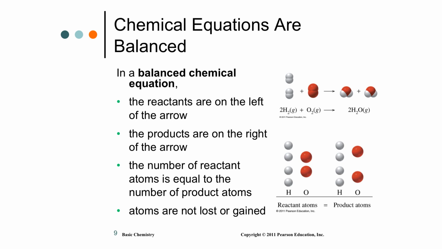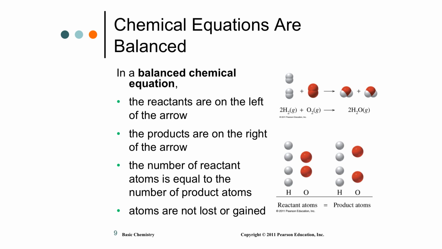So if you think of this as 2 reds and 4 whites, on the left side you've got 2 reds and 4 whites. On the right side you have 2 reds and 4 whites. And so you have to configure it back and forth until you have equal numbers on both sides. That's the lowest ratio that you can get to. So you can't say 8 whites and 4 reds, because that's just a doubled amount.